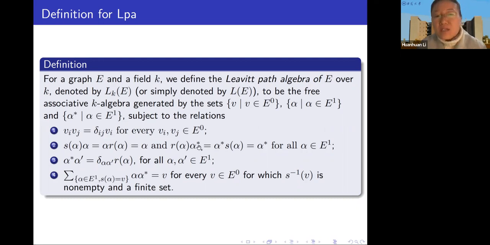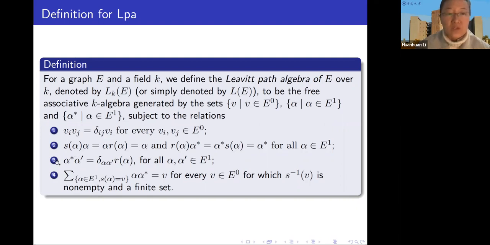For the star edges, we think of the star edge as an opposite edge of the original edge alpha. So the range of alpha multiplied by alpha star is alpha star, and alpha star multiplied by the source of alpha is alpha star.